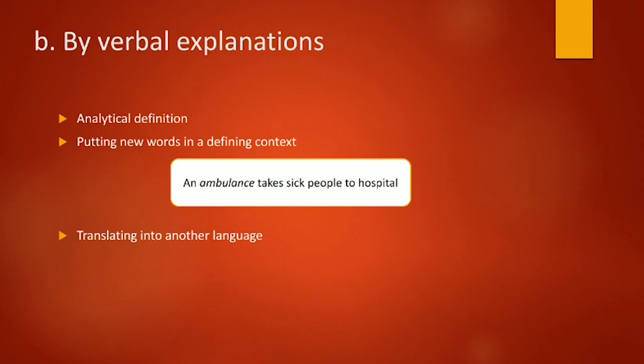Because when we use these techniques over and over again, like translating to Indonesian, the children lose their interest in guessing the meaning, because the translation is predictably given afterwards.